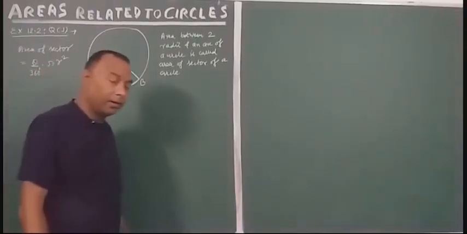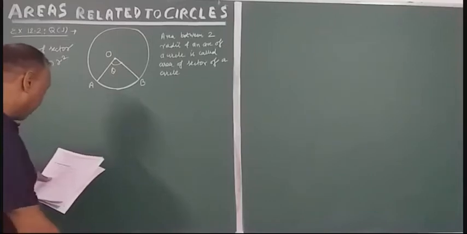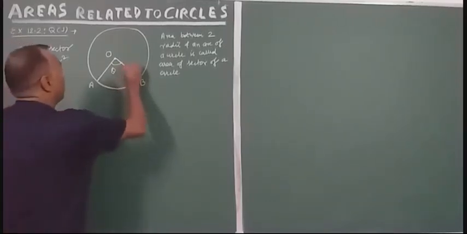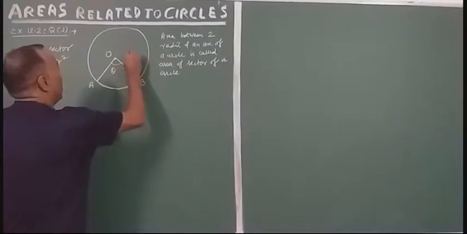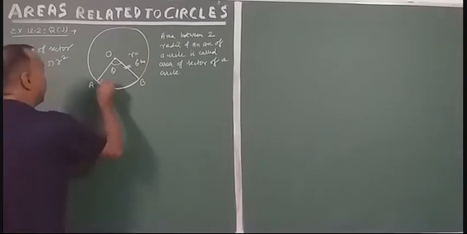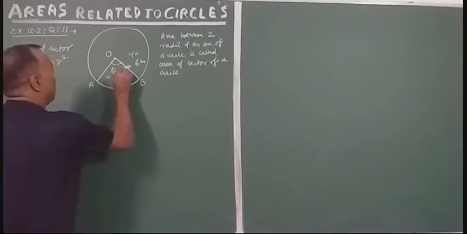So what are you given? Find the area of a sector of a circle with radius 6 centimeter. In this question, this r is given 6 centimeter and the sector angle theta is given 60 degree.